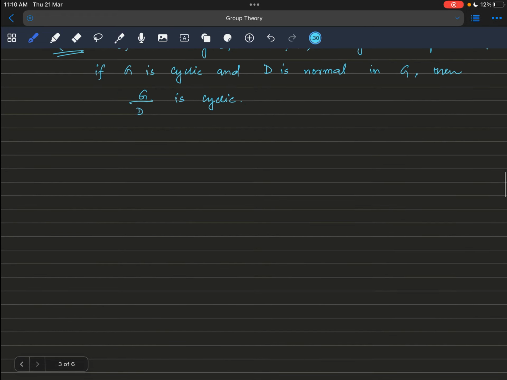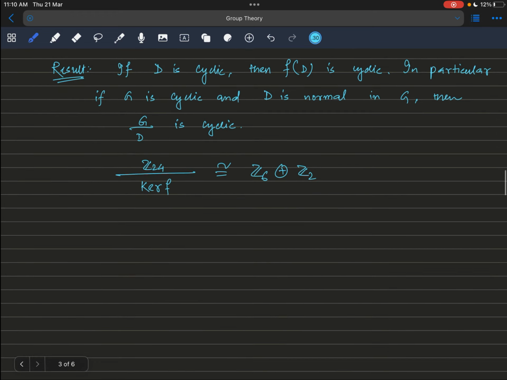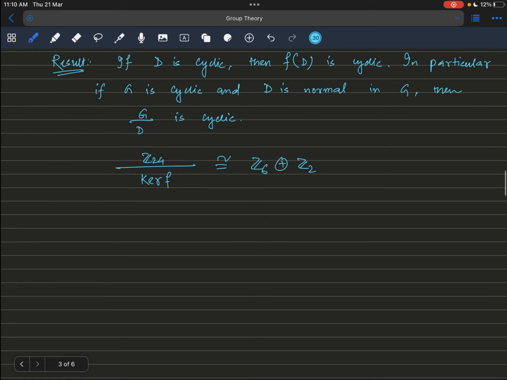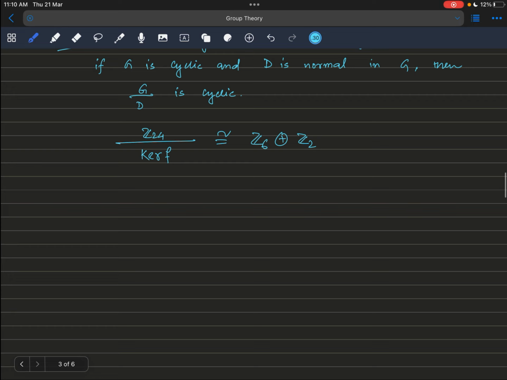We have Z24 by kernel phi isomorphic to Z6 direct sum Z2. All right, we know that kernel phi is a normal subgroup.